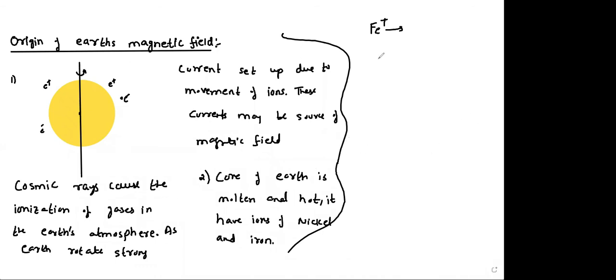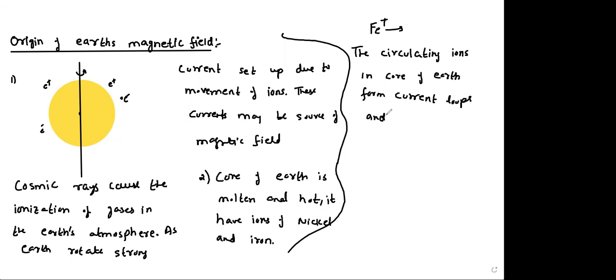So the circulating ions in the core of Earth form current loops and hence produce a magnetic field.